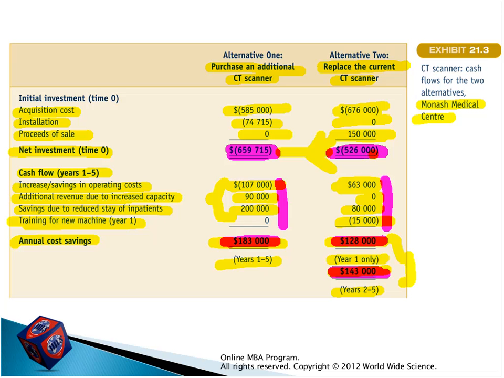You have to add two amounts, 128,000 plus 143,000 in the second project. So you will find the total savings of project number 2. $271.